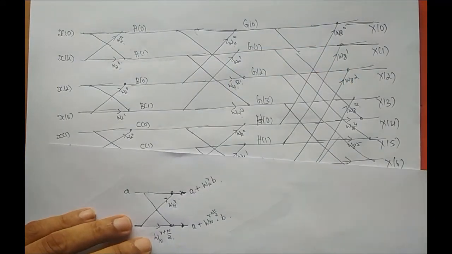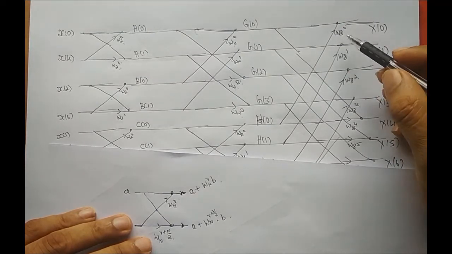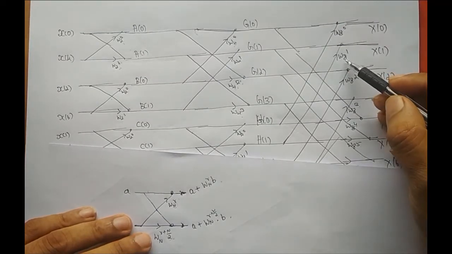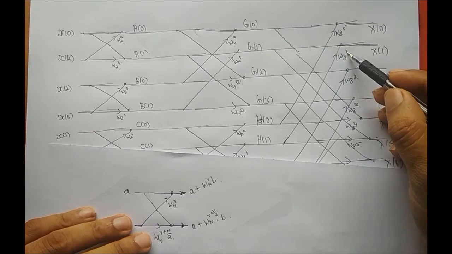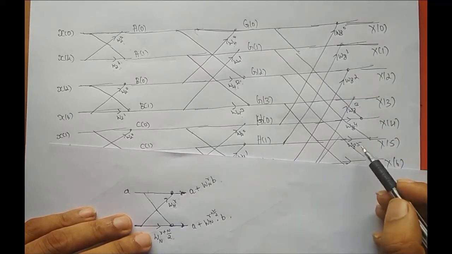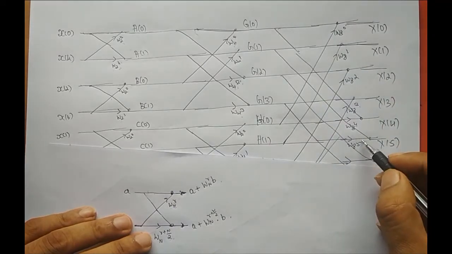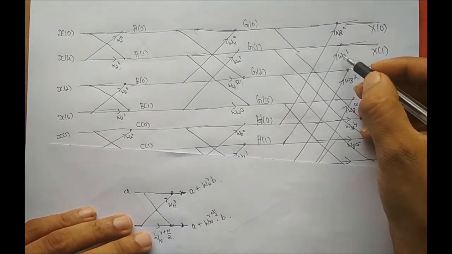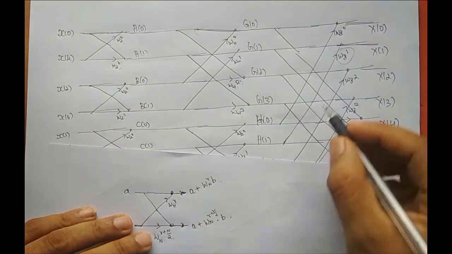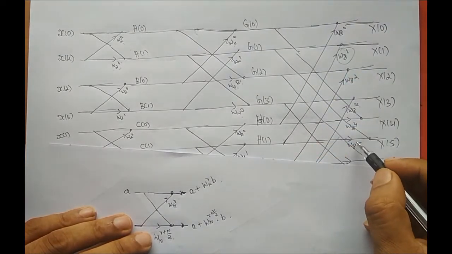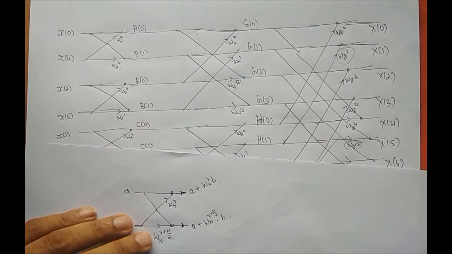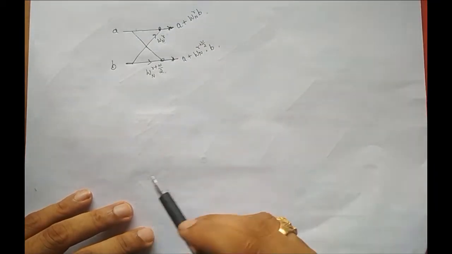Similarly, if you take any butterfly, in this case n is 8, W8 power R is equal to W8 power 1 plus 4. So this is an 8-point, so 8 by 2 is 4, so 4 plus 1 is 5, right? So this is Wn power R, and corresponding to this, the butterfly lower leg is Wn power R plus n by 2. So you pick any butterfly, it is of the form something like this.